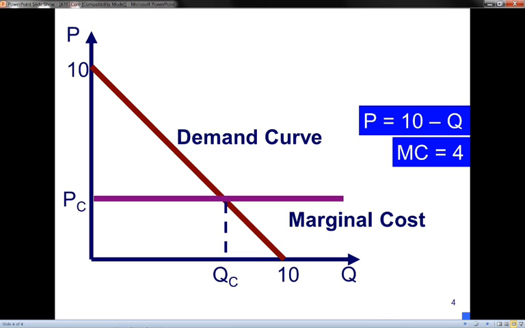To know the answer to that, we need to introduce one more construct to our analysis, because for the monopolist, the analysis is a little different. The monopolist recognizes that he or she is a price setter, that the decisions the monopolist makes regarding production have consequences for price, and the monopolist critically recognizes that to sell another unit, price is going to have to go down.